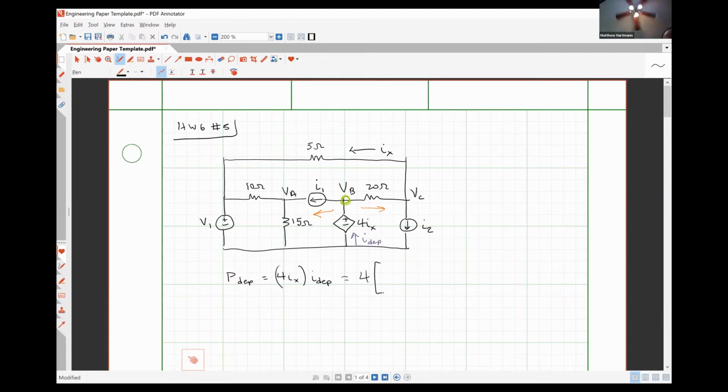So Ix would be VC minus whatever V1 is divided by 5 ohms, plus the sum of I1 plus VB minus VC divided by 20 ohms. And I should be clear here, I'm considering the bottom node as my reference. Seem reasonable? Yes, sir. All right.